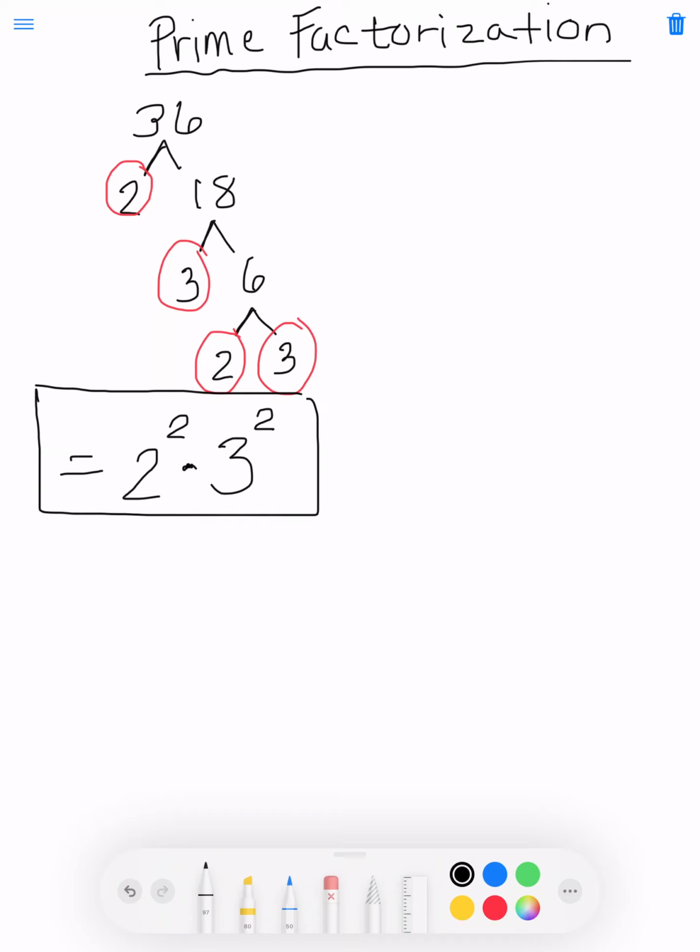So we're going to try another number. Let's do 24. So two numbers that multiply together to give you 24. Let's say that you chose 3 times 8. So you say, is 3 a prime number? Yes, it is. Is 8 a prime number?